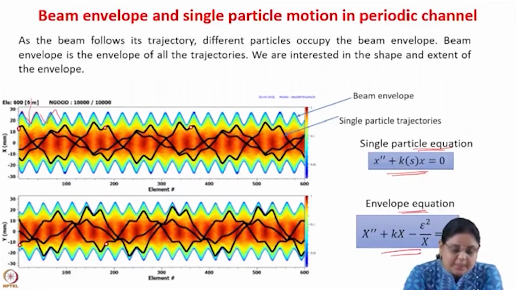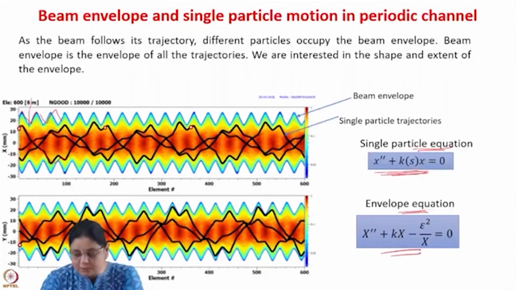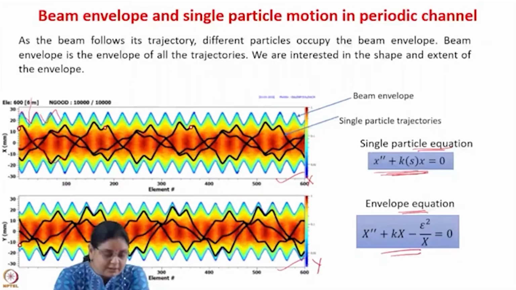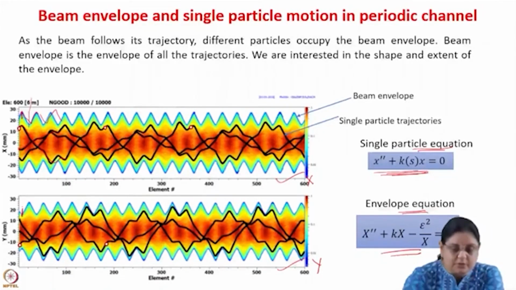However, the single particle does not have the periodicity of the lattice. For example, this is the trajectory of one particle, this is the trajectory of another particle. The trajectory depends upon the initial position, but all particles satisfy this equation. This is in X and this is in Y. You can see here, if it is focusing in X, here it is defocusing in Y. This is for a FODO channel.